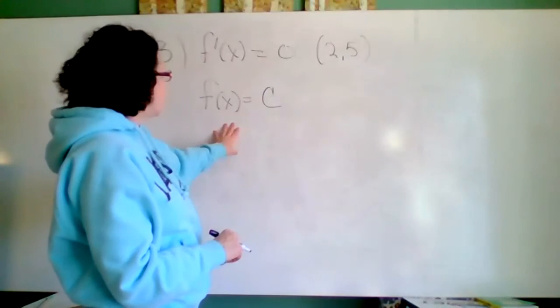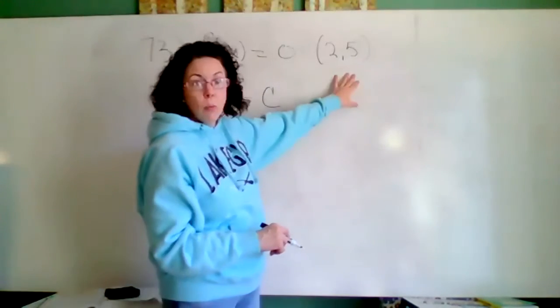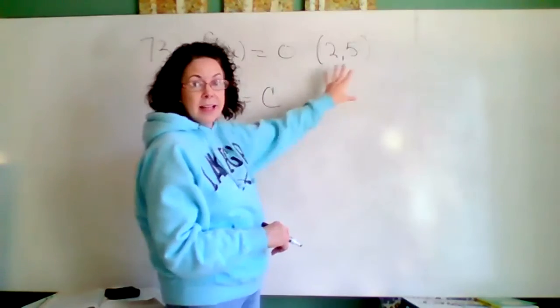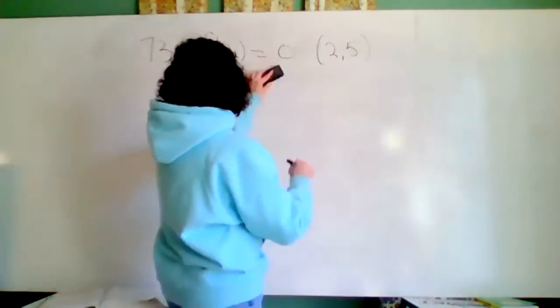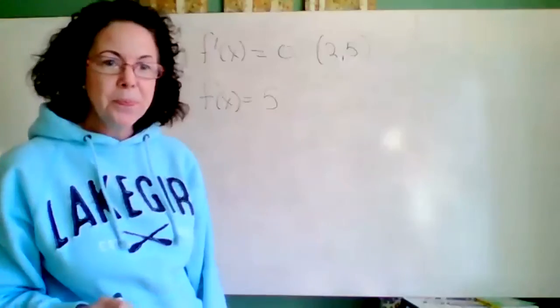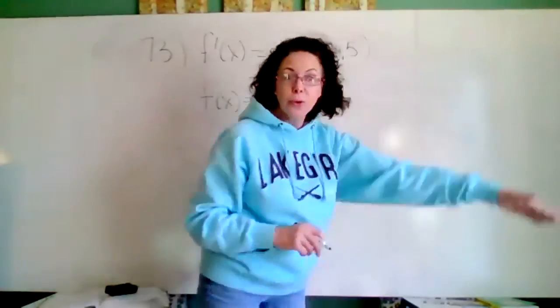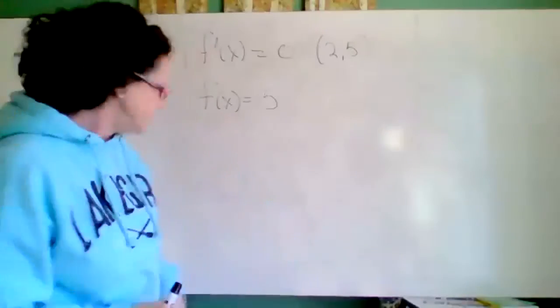And an f of x is a y value. What y does it need to go through? 5. So let's take a look. Is the derivative of f of x equals 5, 0? Yes. And if you graphed it, does it go through the point (0, 5)? There you go, kind of working backwards.